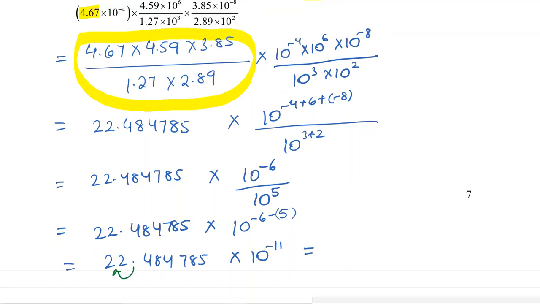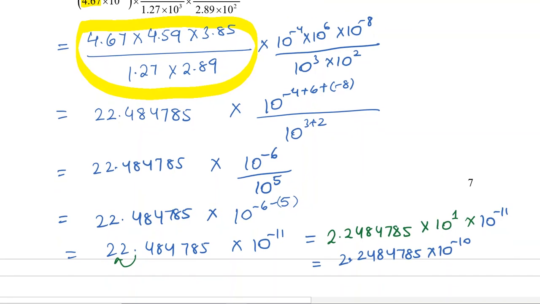So we're going to write this as 2.2484785 times 10 raised to power 1, since we moved to the left, times 10 raised to power negative 11 that we already have. So negative 11 plus 1 ultimately is going to become negative 10.